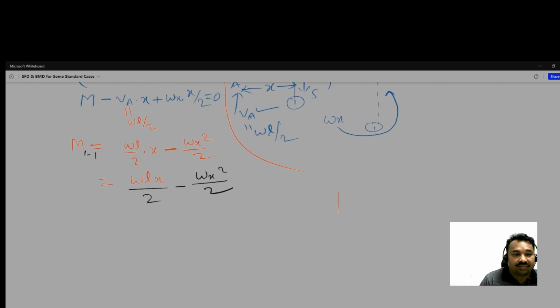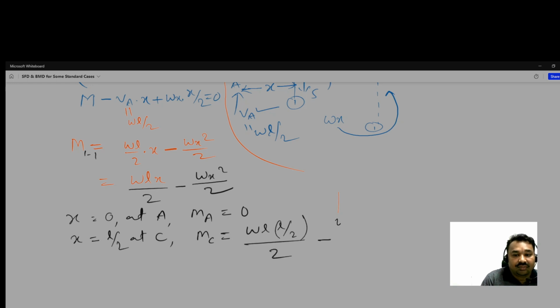Now we have to satisfy the boundary condition. What about MA? If X is equal to 0, we are talking about A, so MA will be 0. And what about X is equal to L by 2, the mid point C, then MC will be what? WL by 2 divided by 2, minus W times L by 2 square divided by 2.